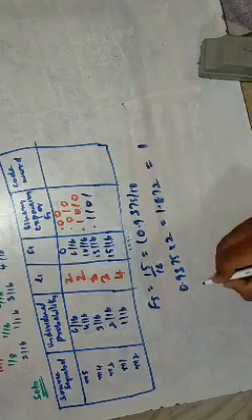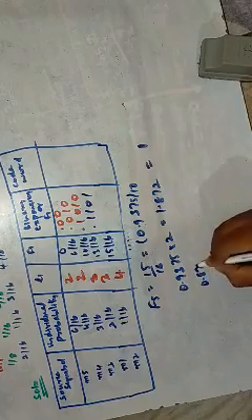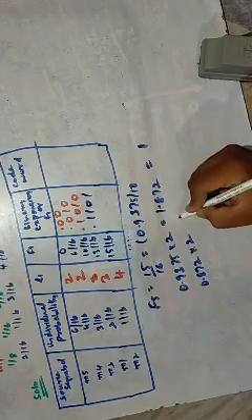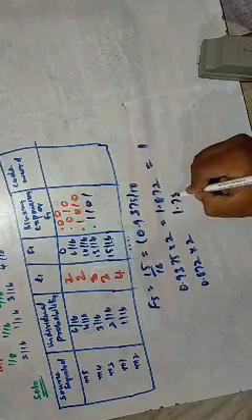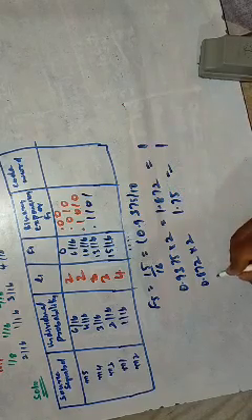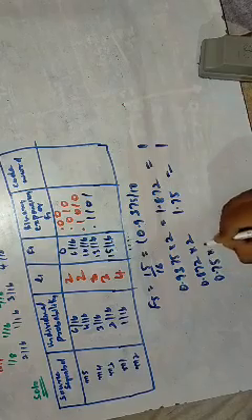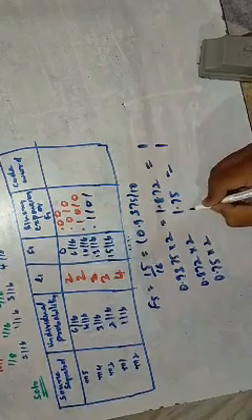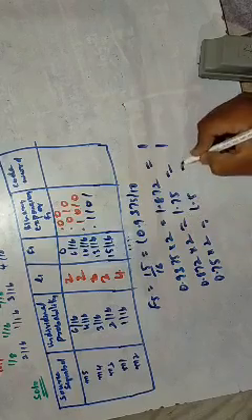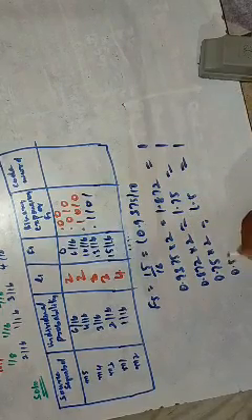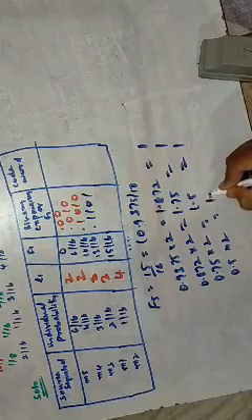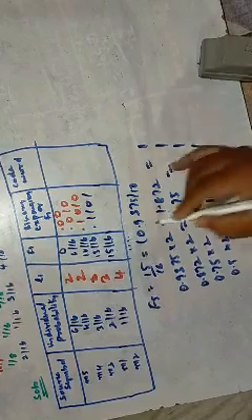So remaining is 0.875 into 2, we get 1.75. Take the carry 1. Again remaining is 0.75 into 2 is equal to 1.5. Take the carry 1. So 0.5 into 2 is equal to 1.0. Take the carry 1.